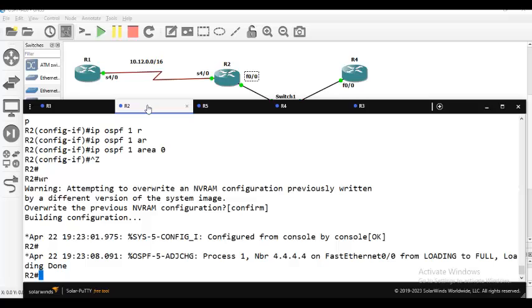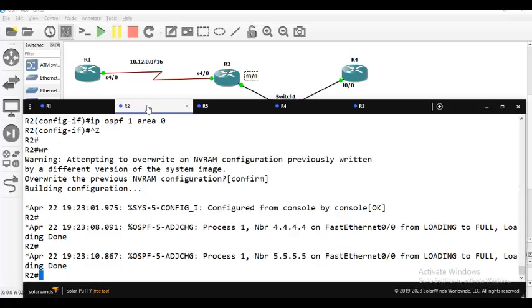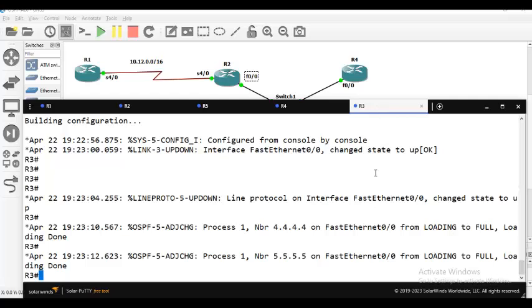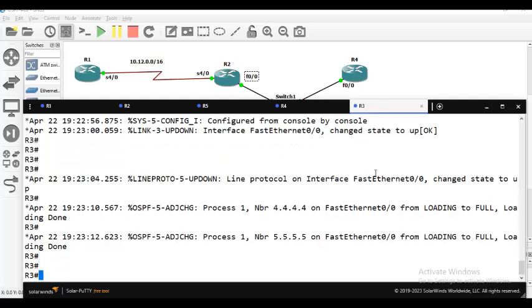Let's go to router 3. Nothing is wrong with router 3. Why didn't it come? Show IP OSPF neighbor. Okay, router 3 is in 2-way state. Okay, that's good.